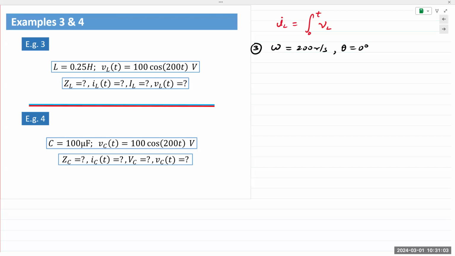And the peak value, or Vm, which actually I should have written first, is 100 volts. Vm is 100, phase angle is 0, omega is 200. Directly write down the phasor for VL. There's a peak value of 100 volts, phase angle of 0.